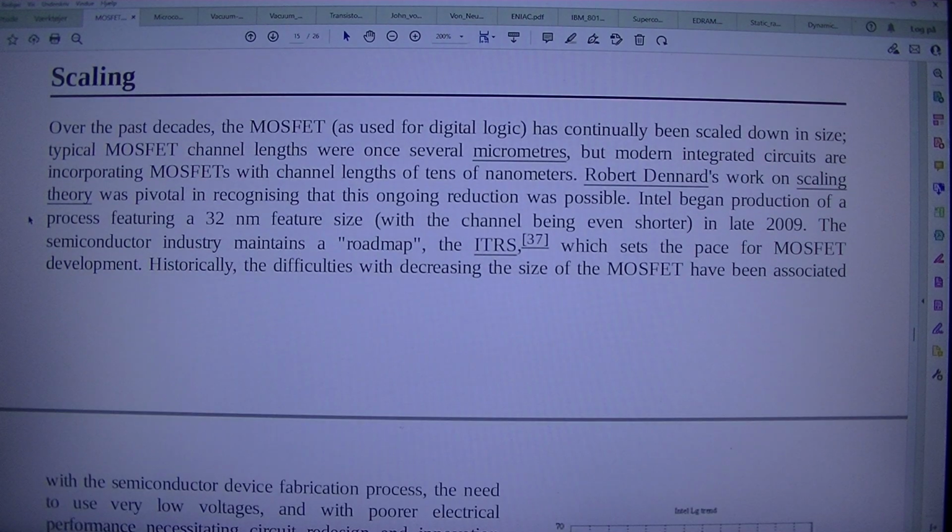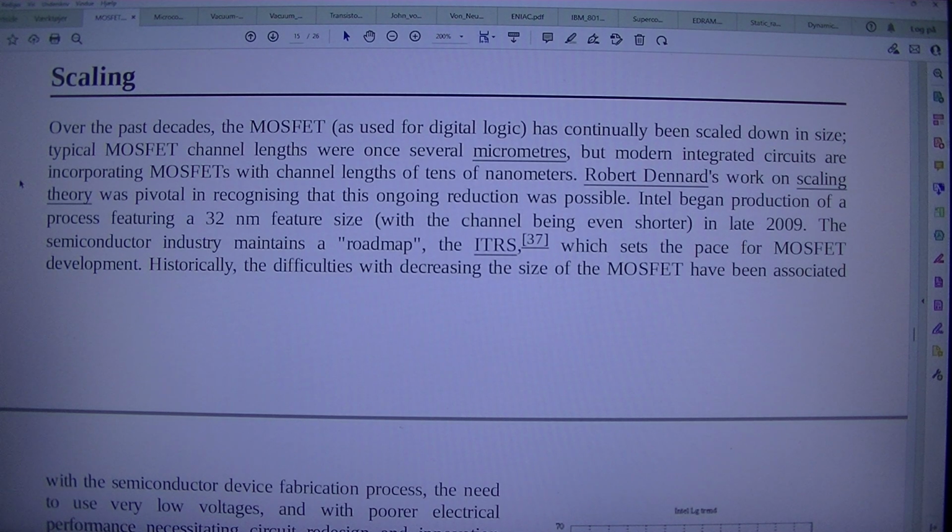Scaling. Over the past decades, the MOSFET, as used for digital logic, has continually been scaled down in size. Typical MOSFET channel lengths were once several micrometers, but modern integrated circuits are incorporating MOSFETs with channel lengths of tens of nanometers. Robert Dennard's work on scaling theory was pivotal in recognizing that this ongoing reduction was possible.